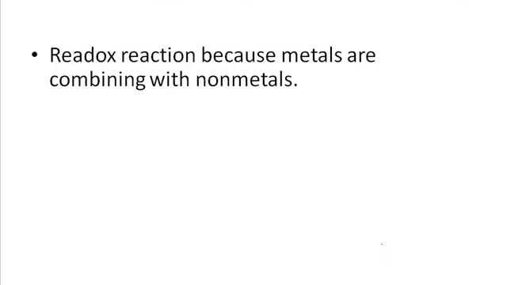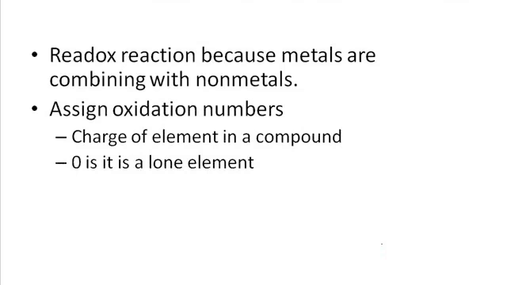So, in the redox reaction, because metals are combining with nonmetals, we need to assign oxidation numbers in order to figure out which one of these is going to accept the electrons and which ones are going to lose the electrons. Any lone element has a charge of 0. So I just go ahead and put zeros above here.